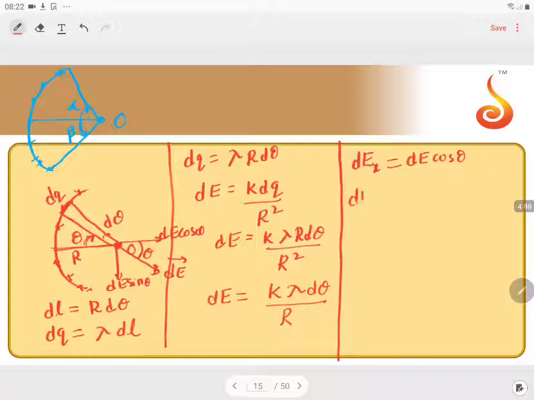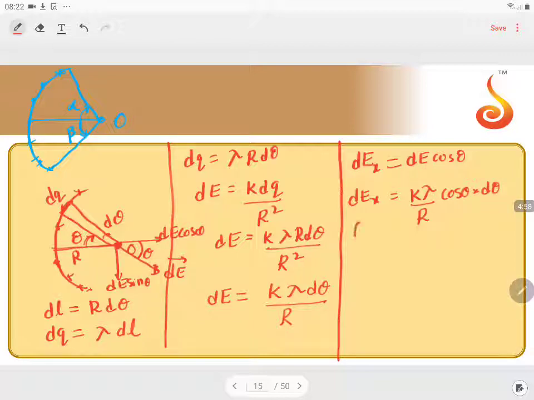What is the dE value? k lambda divided by r into d theta. So dE x is k lambda by r cos theta d theta.